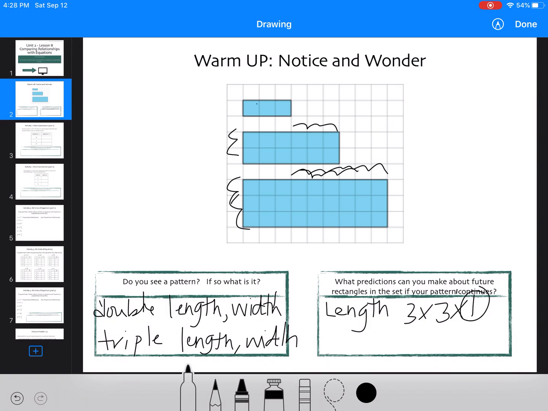So for this one it would be 3 times 3 times 1, 3 times 3 times 2, 3 times 3 times 3.